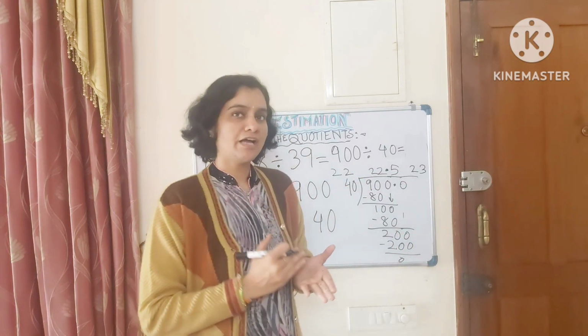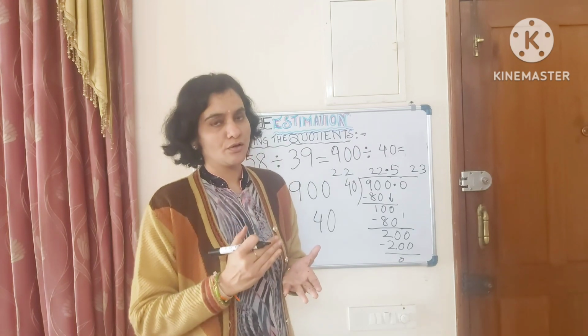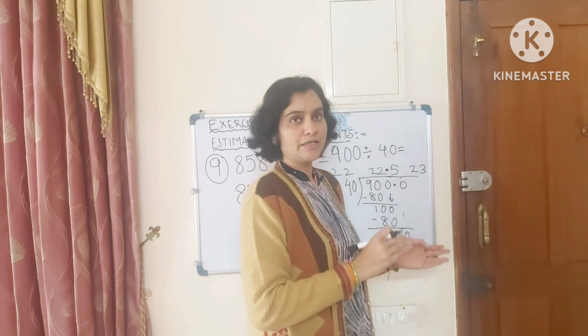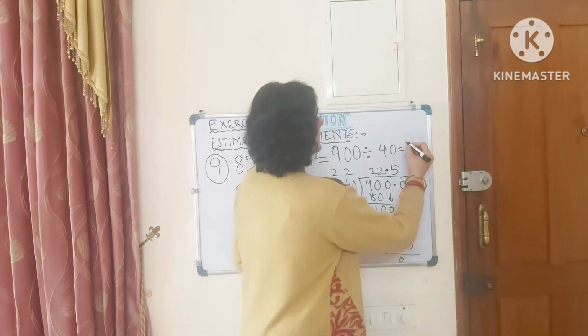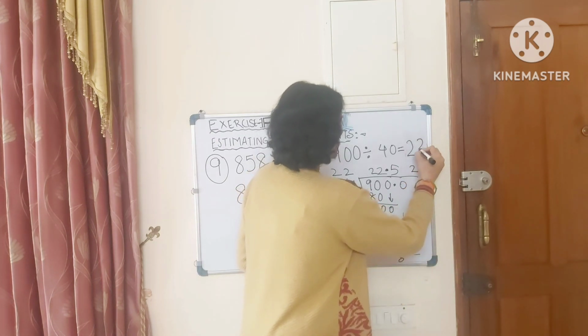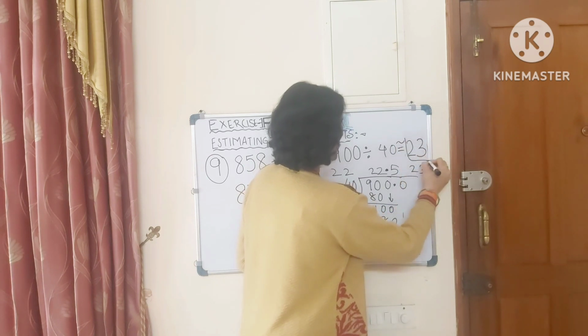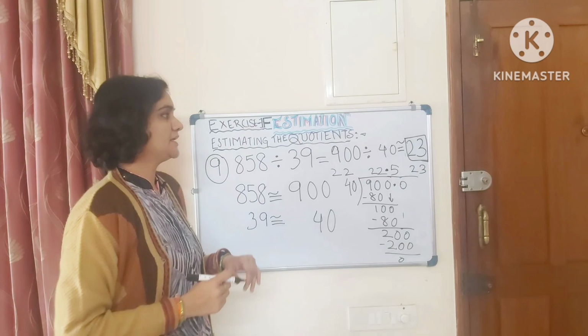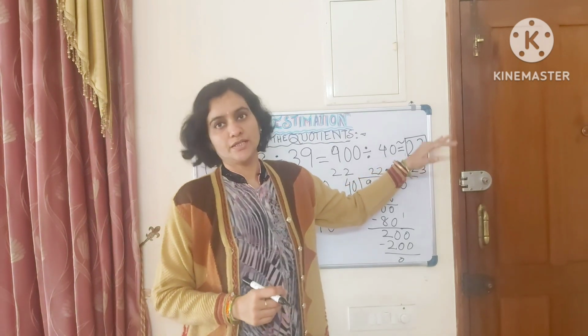If it is 22.5, 22.6, 22.7, 22.8 or 22.9, any number between 22.5 and 23, then the estimate will become 23. So the final quotient after estimation for question number 9 is 23.